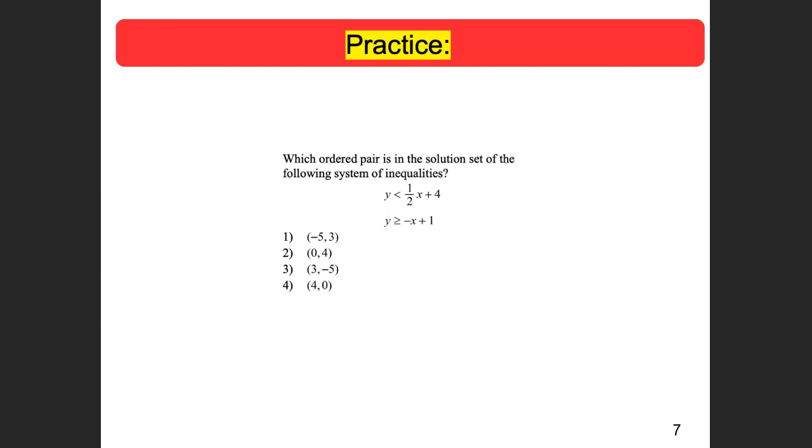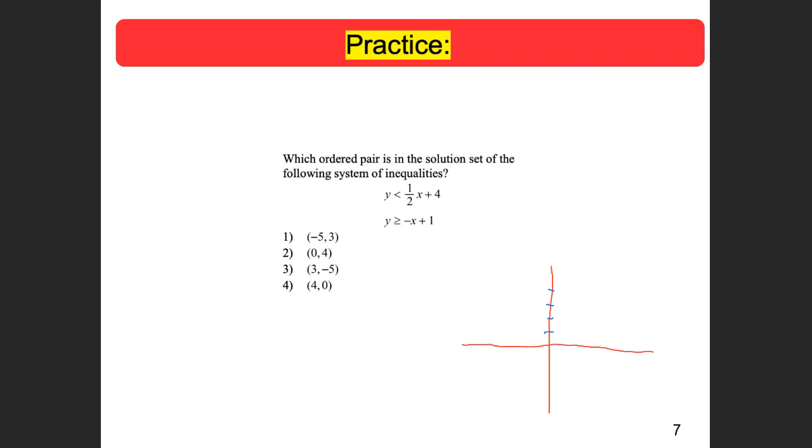All right, so here are two methods to solve this. First method, graph it out. Now, since they're points, I'm going to have to graph a little bit more carefully, but I don't have to do it real careful. So y is less than 1/2 x plus 4, so I've got 1, 2, 3, 4.